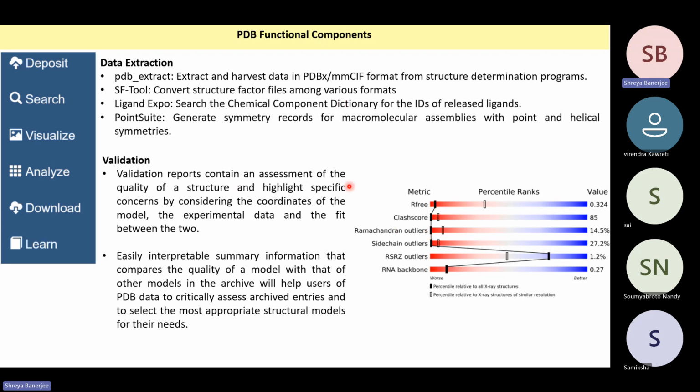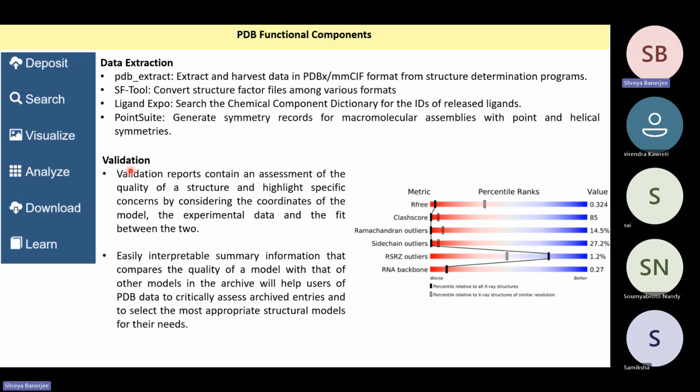We saw in the Ramachandran map that there are allowed and disallowed regions for amino acids. If many of the amino acids in your structure are in the disallowed region, the validation report will tell you this cannot be a valid structure because there are many outliers. Similarly, other factors determine the validity of the deposited structure, and only if it passes the validity report will it be accepted into the Protein Data Bank.